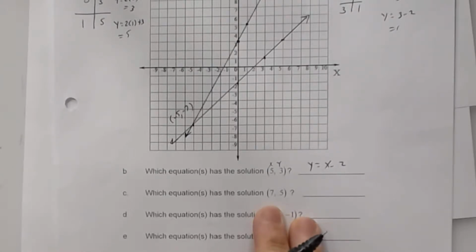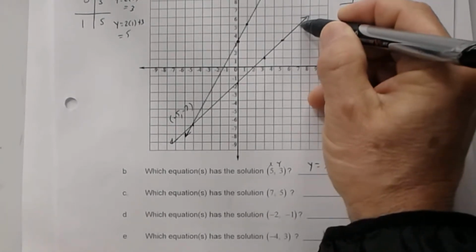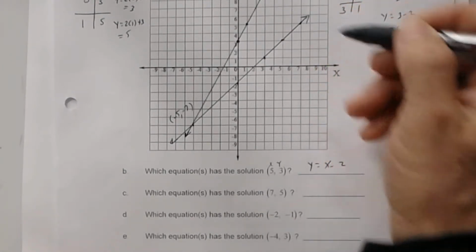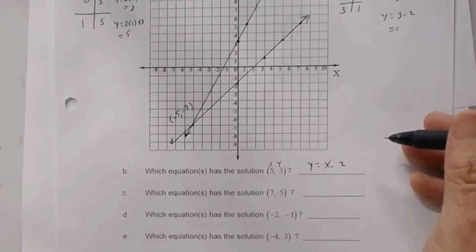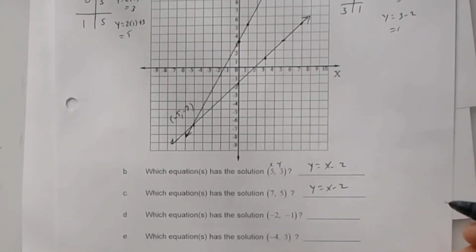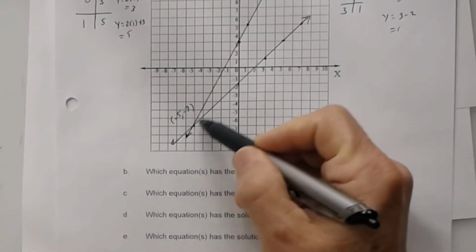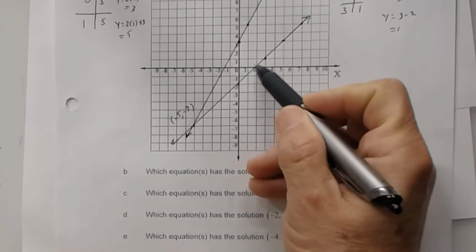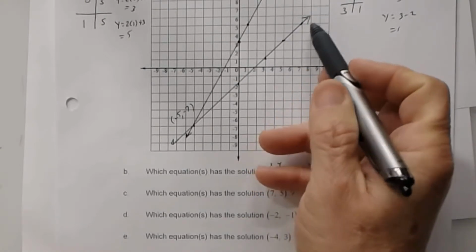We'll locate 7, 5. Where's 7, 5 located? Right here. So what equation has that solution? The same one, right? y equals x minus 2. So all these points here on that line are solutions to y equals x minus 2.